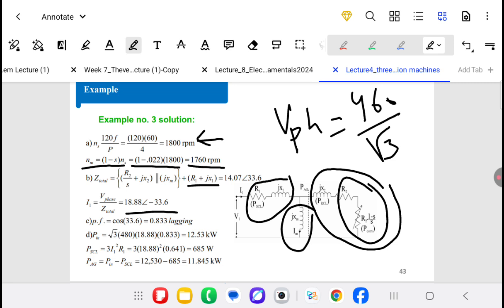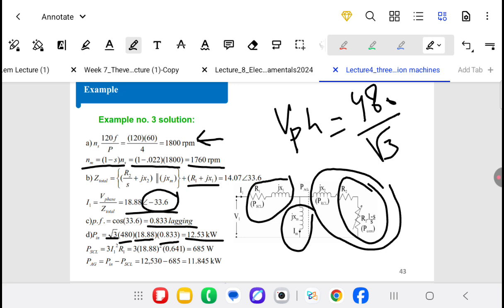For the power factor, we get the cosine of the angle of the current, cosine 33.6, and the sine of the angle is negative. Then this is a lagging power factor, which is equal to 0.833 lagging. We now can get P input, which is equal to root 3 times 480, I'm sorry, this is 460, times the current I1 times the power factor, we get the input power equals 12.53 kilowatts.